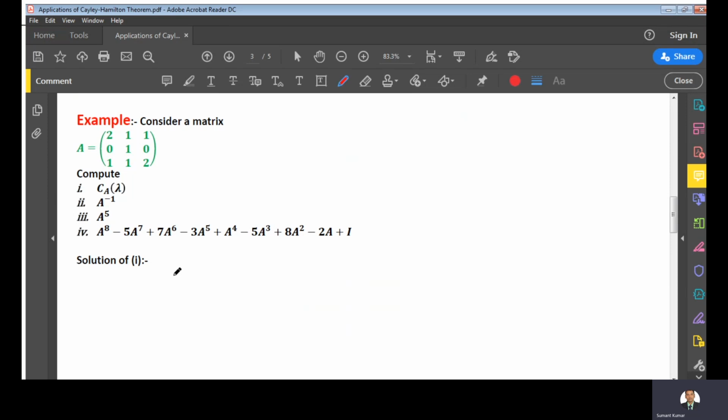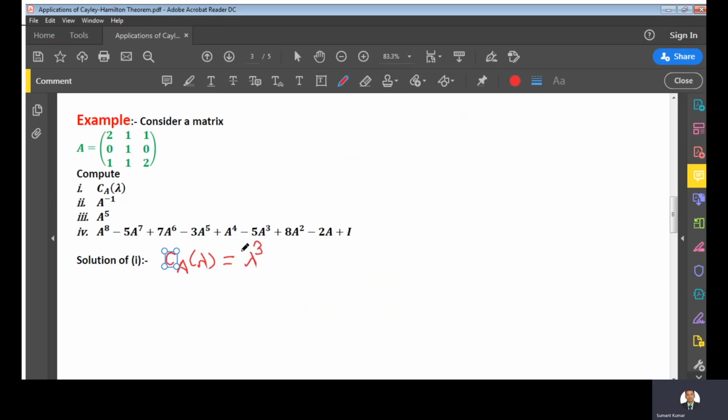So here, let us write the characteristic polynomial corresponding to this matrix A. Suppose we denote it by C_A of lambda. Then the characteristic polynomial will be given by lambda raised to the power 3.